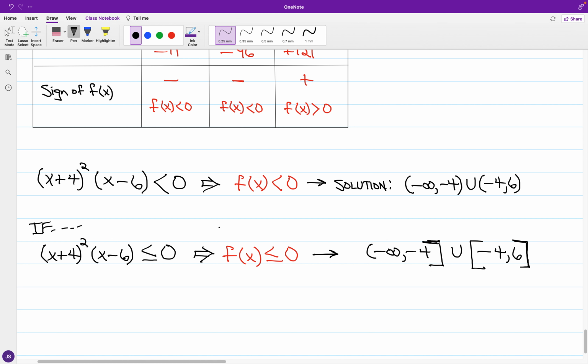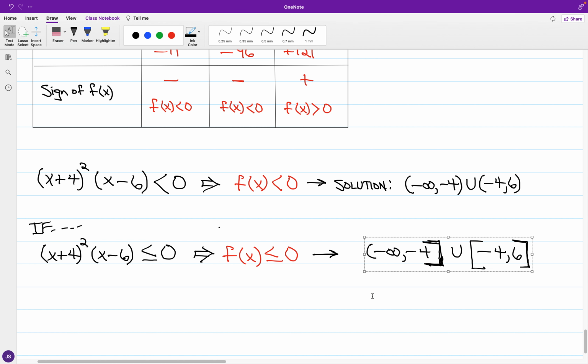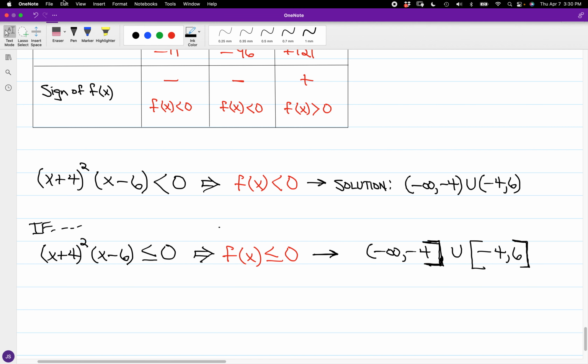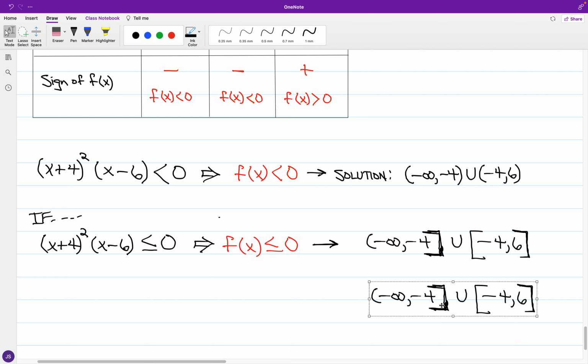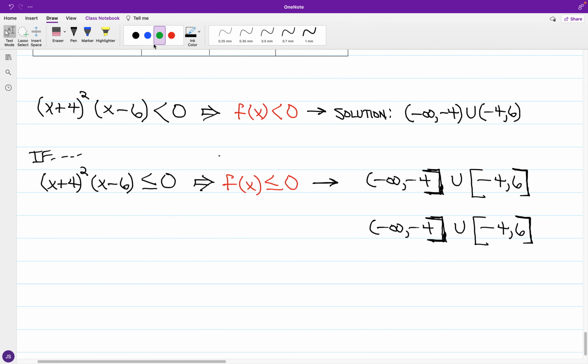But now there is an added dimension here. And what that is, if you notice, you have values less than or equal to -4, and then you have -4 is less than or equal to x is less than or equal to 6. Notice we have in the middle.